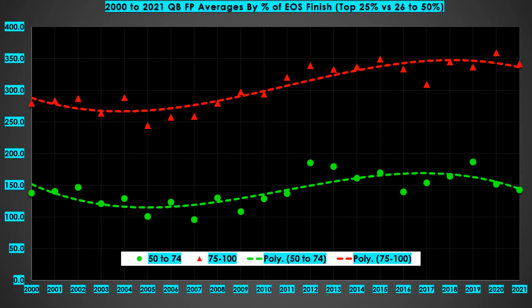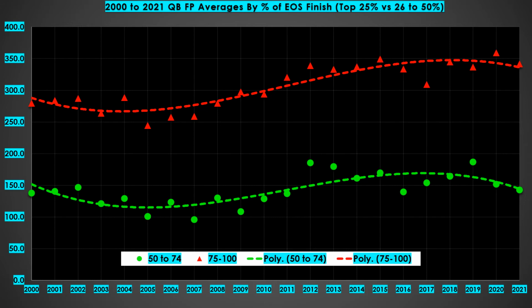It depends on your bench size as well, but I wouldn't wait too late because you may not be happy with what you get. In a super flex, we're probably talking a different scenario here. But anyway, that's what I see in the data, and we've seen an increase.